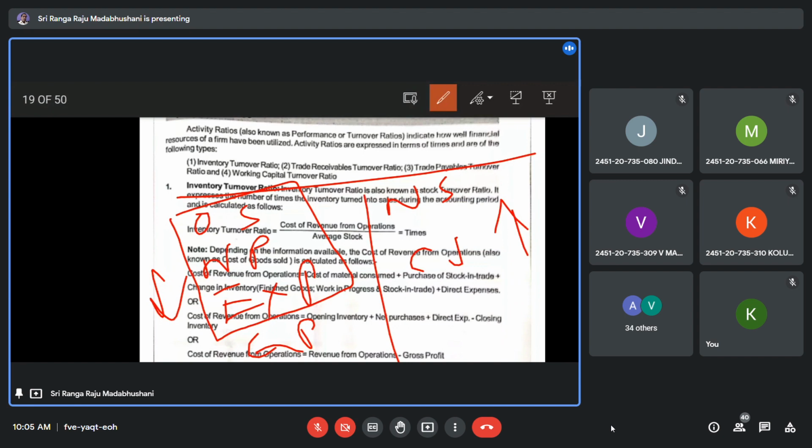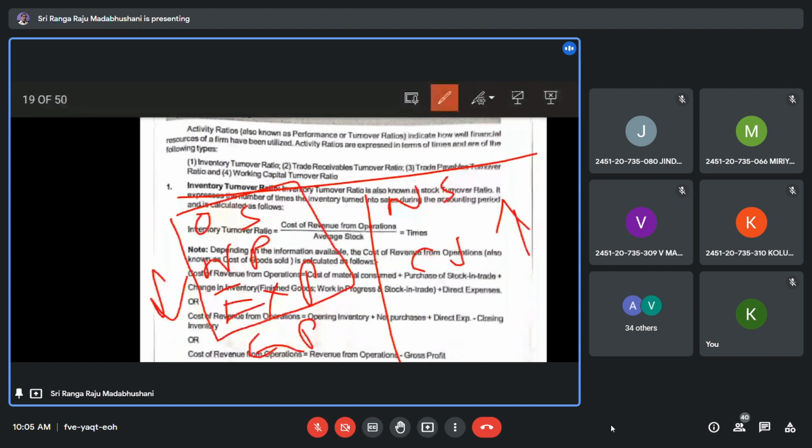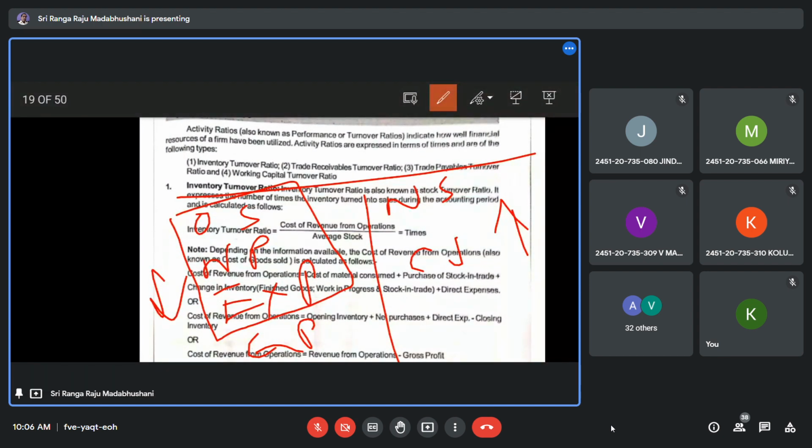If sales is given and a percentage of gross profit on that sales is given, find the gross profit and subtract it from sales to get cost of revenue from operations or cost of goods sold. Otherwise, if sales and gross profit are not given, but opening stock, purchases and purchases return are given, subtract purchases return from purchases to get net purchases. Then other operating expenses are given: transportation on purchases, wages, coal, gas and water. Add all of them, then subtract the closing stock.